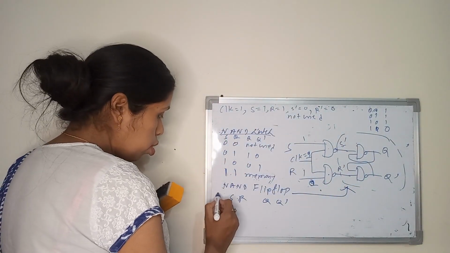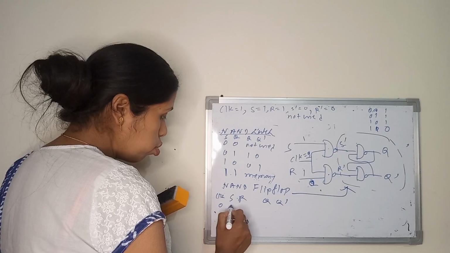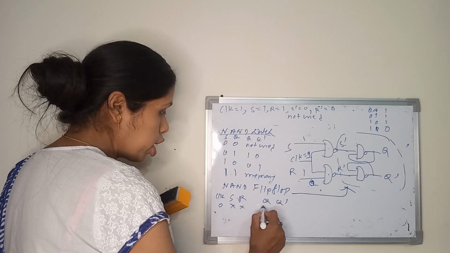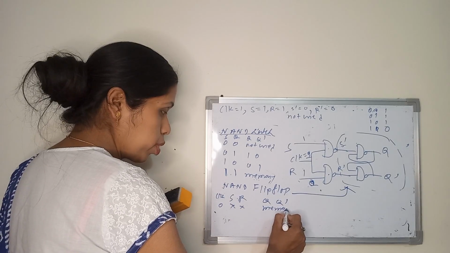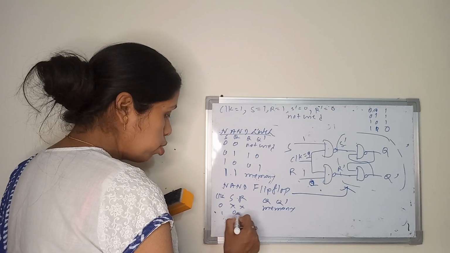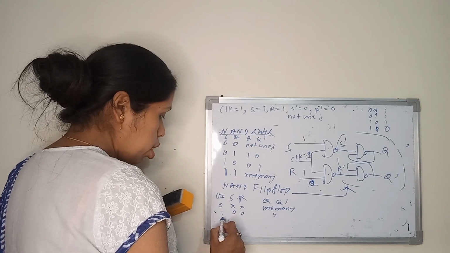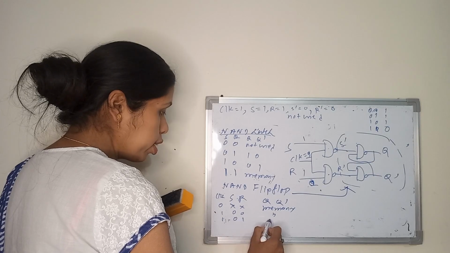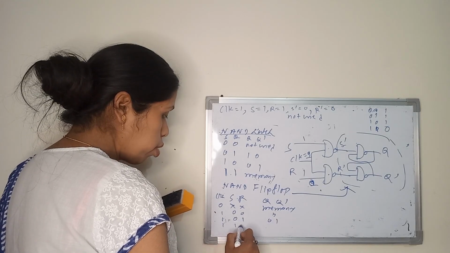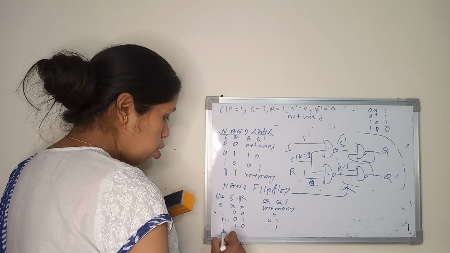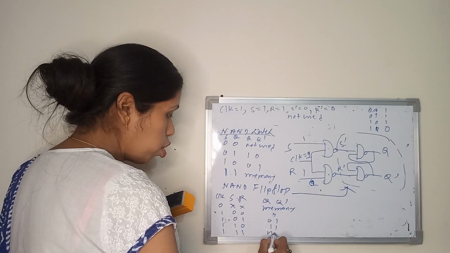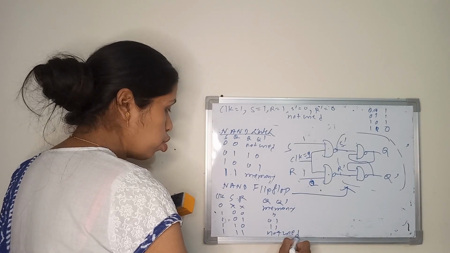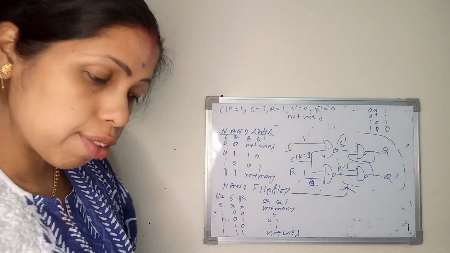Okay, so clock is also there. Clock 0, whatever inputs I am giving, memory. Clock 1 0 0, memory. Clock 1 0 1, it is 0 1. Clock 1 1 0, it is 1 0. Clock 1 1 1 means not used condition. So this is the final truth table for the NAND flip-flop.